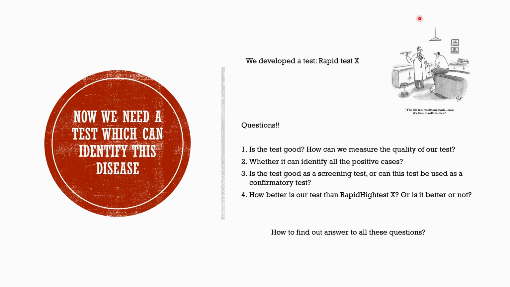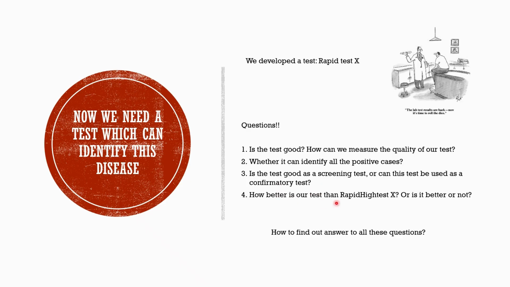Next, we consider the purpose of the test. Is the test suitable as a screening test or should it be used as a confirmatory test? A good screening test needs high sensitivity, so we don't miss cases, whereas confirmatory tests require high specificity to avoid false positives. Finally, we compare it with the existing alternatives.